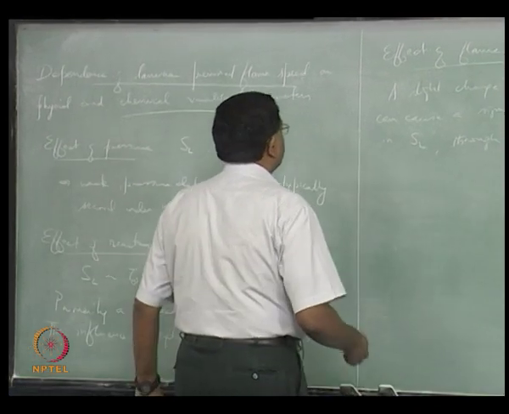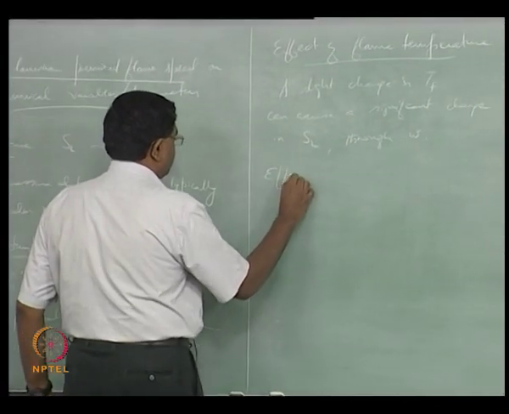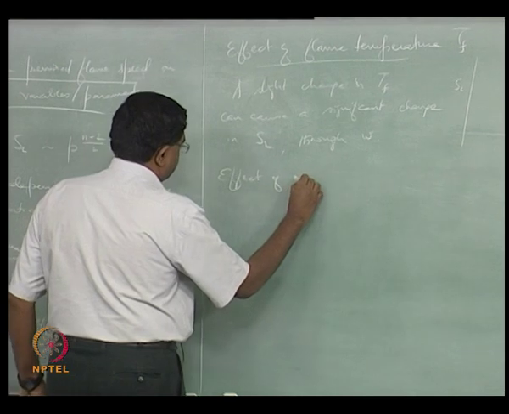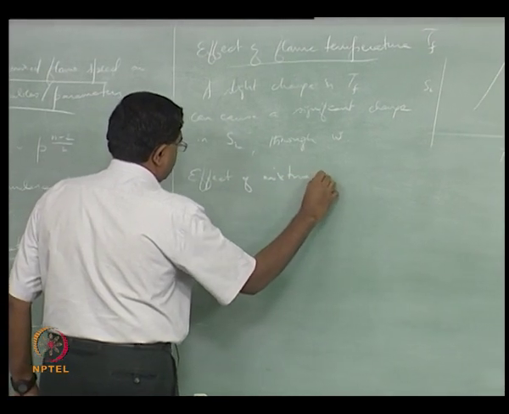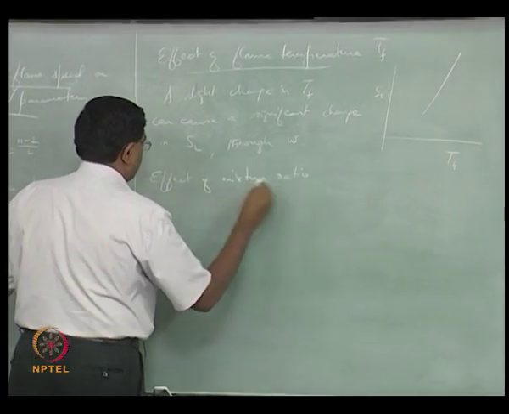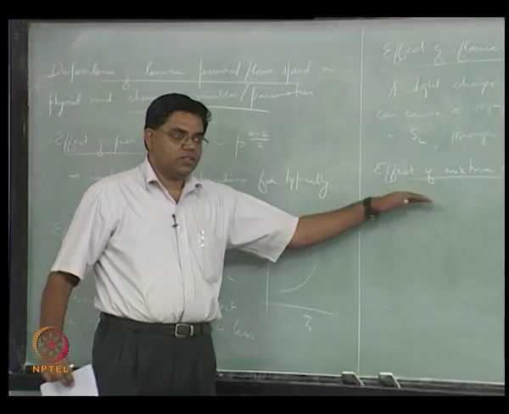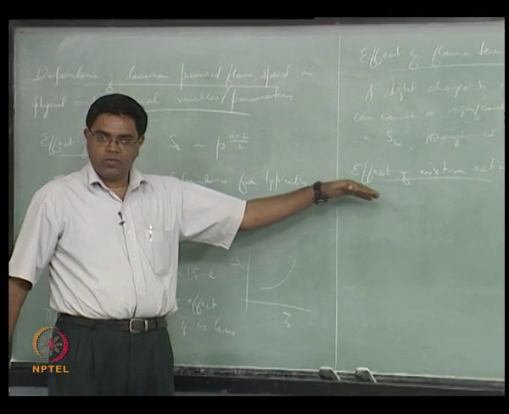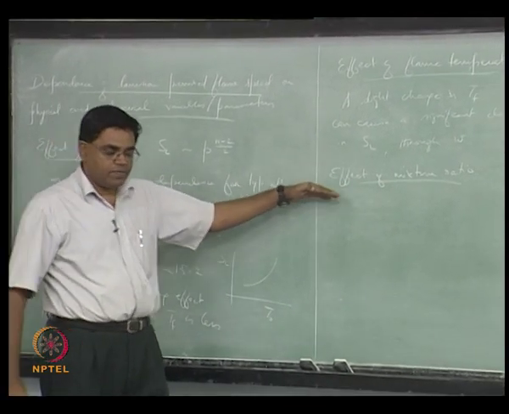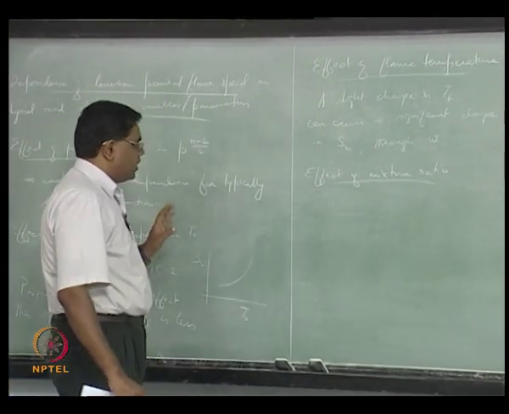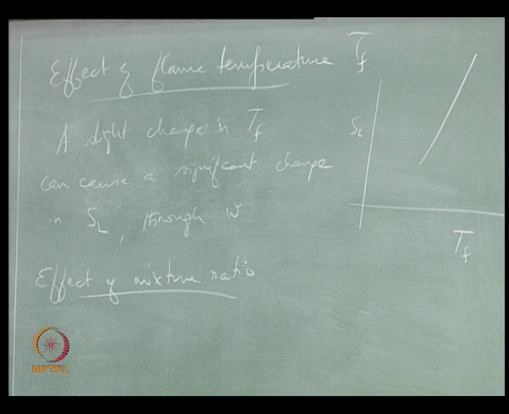Then the most important thing that we should be looking at most of the time, effect of mixture ratio. So when you say mixture, we are always looking at the reactant mixture. Okay, in the context of premix flames, we are always thinking about the reactant mixture, that means the fuel oxidizer mixture, right.